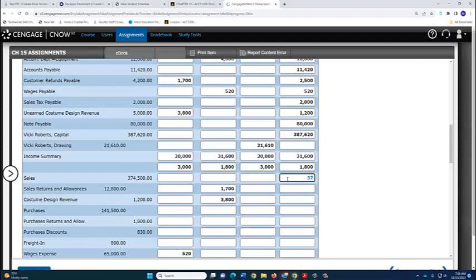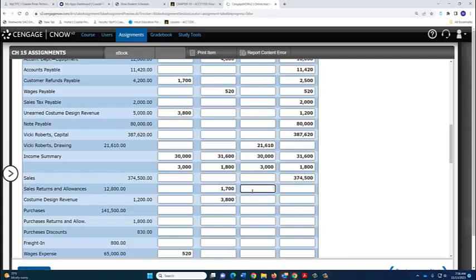Sales comes over on the credit side at 374.5. Sales returns and allowances has a balance of 12,008. It's a debit, and we credited for 1,700. So since we have a debit and a credit, we'll subtract, and we're going to get a difference of 11,100.